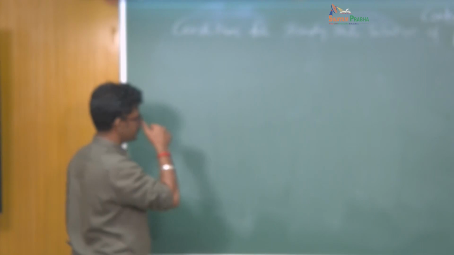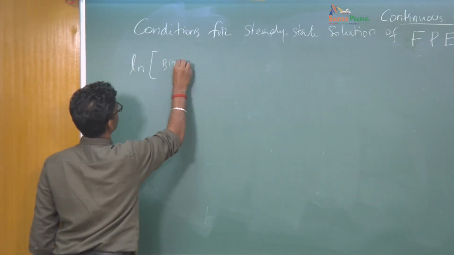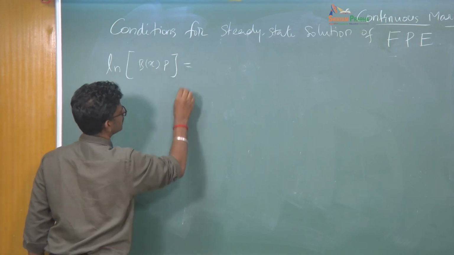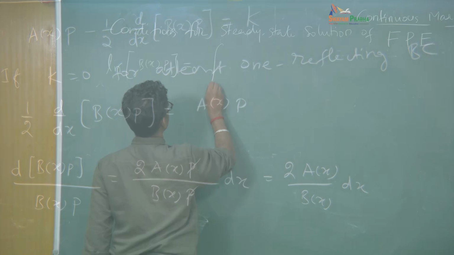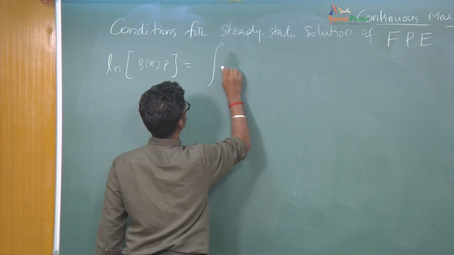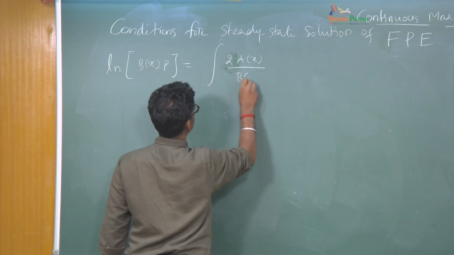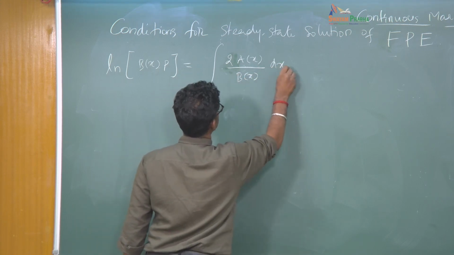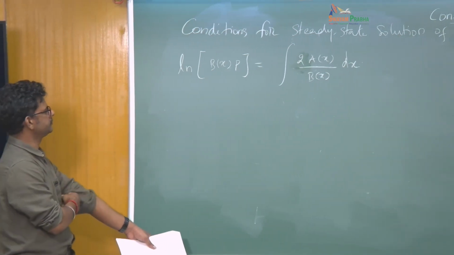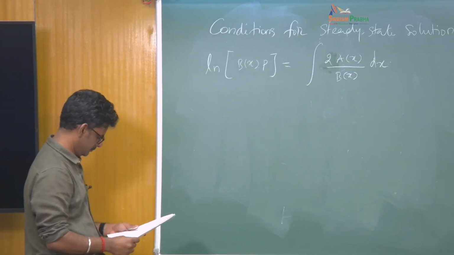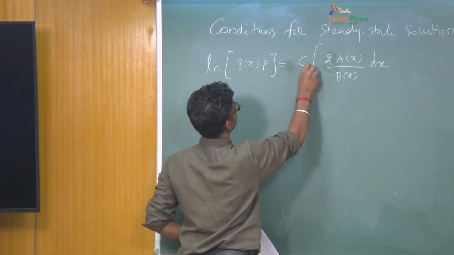So integrating this, you will get ln of b(x)p is equal to the integral of 2a(x)/b(x) dx, with some constant c here.